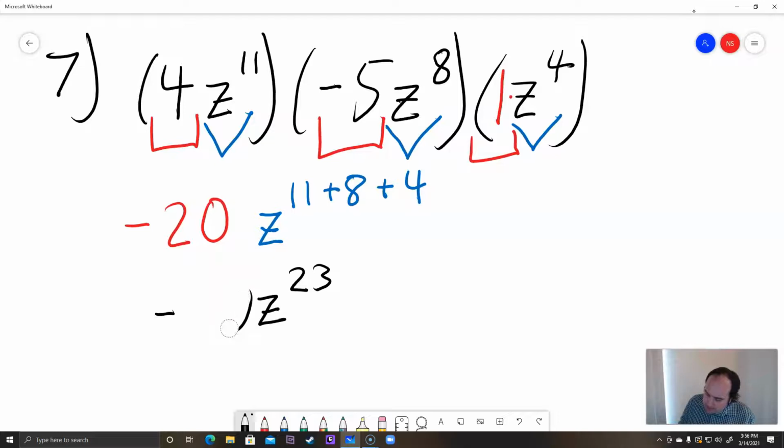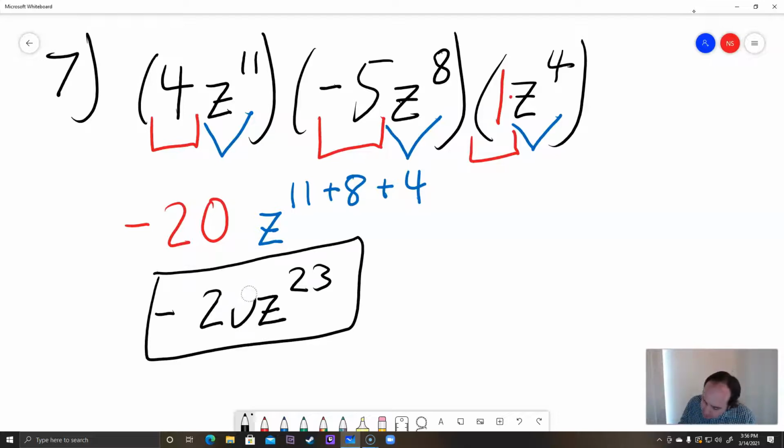Okay, so our answer is going to be negative 20 z to the 23. And that is the whole problem. Okay, cool.